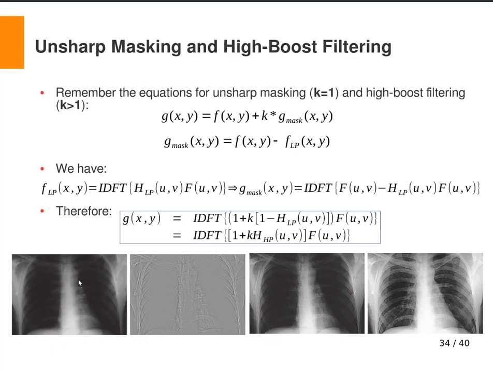Here we have this blurry X-ray image, and this is the mask that we create using this equation. If we sum these two up with the proper value of k, this is an unsharp masked version of the original image.